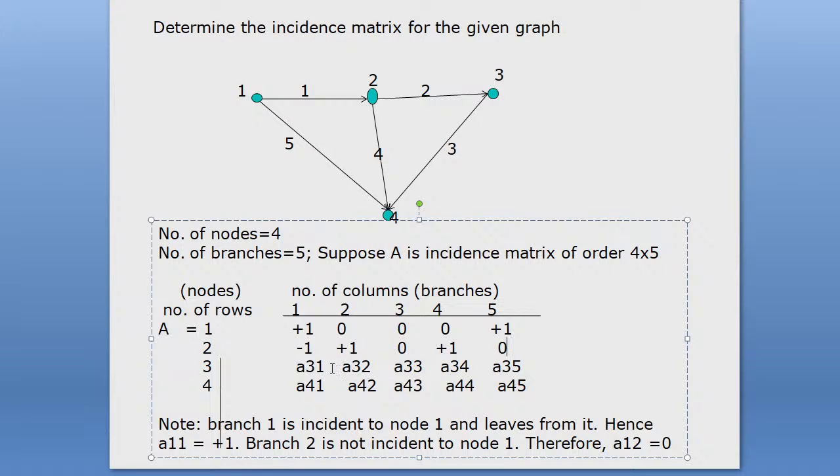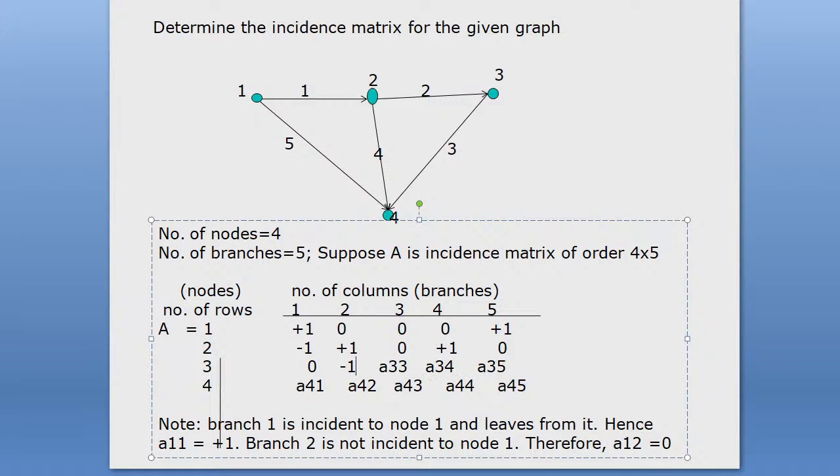You see A31: branch 1 is not connected to node 3, so therefore it will be 0. A32: branch 2 is connected to node 3 and enters, that means it will be minus 1.